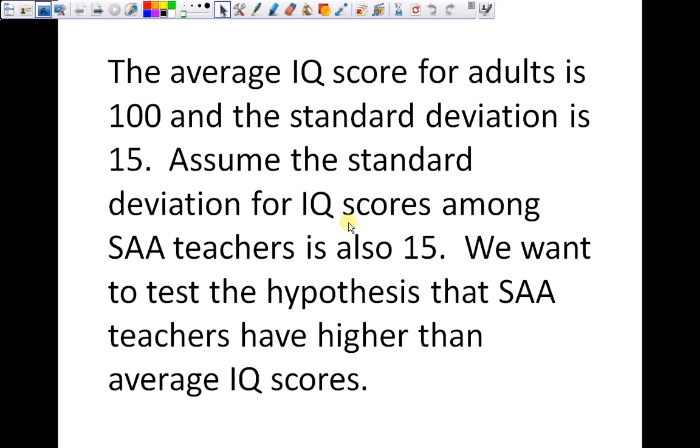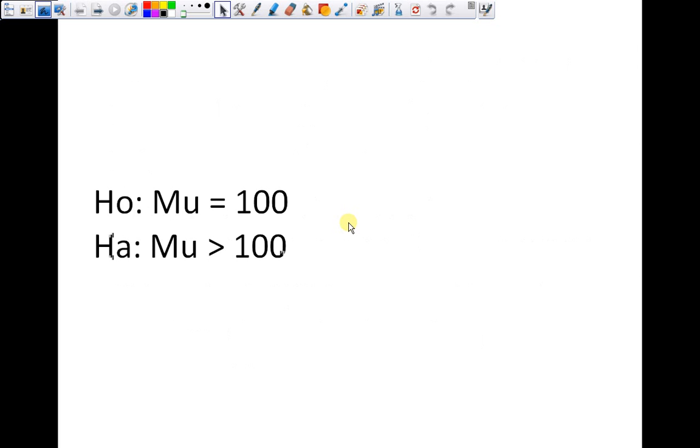So in an example like this, we'll set up a null and alternative hypothesis. And our null hypothesis is always the neutral hypothesis. We're going to say, starting out, let's assume that the mean IQ score of SAA teachers, that's what mu is representing here, is 100.